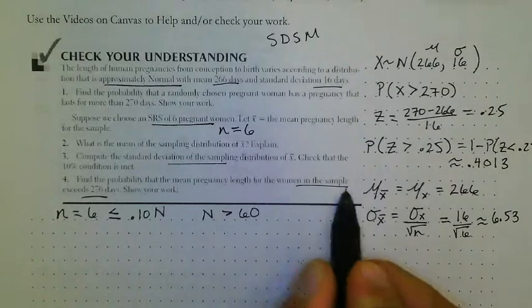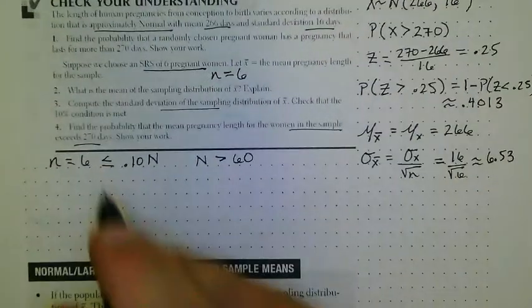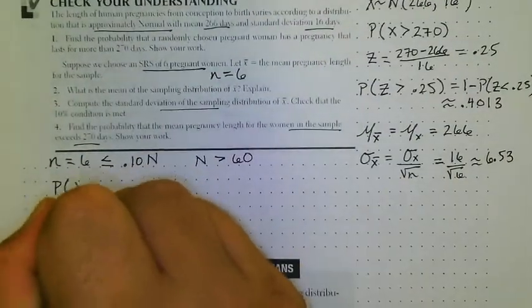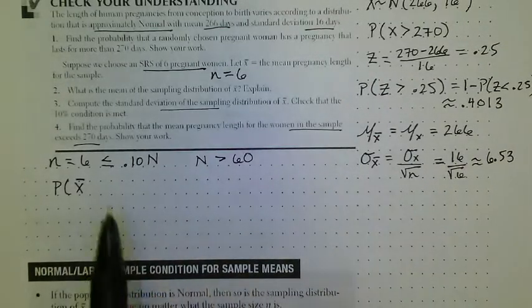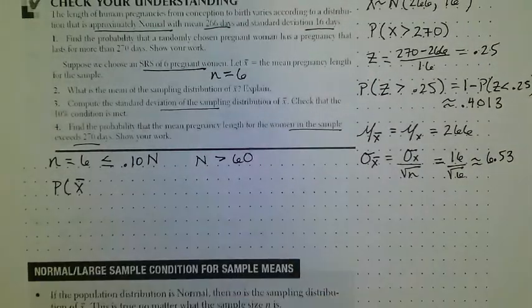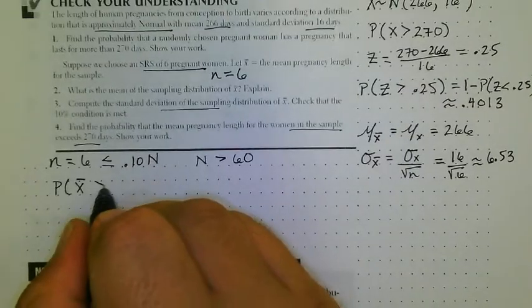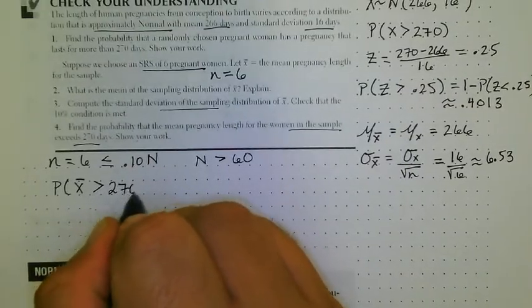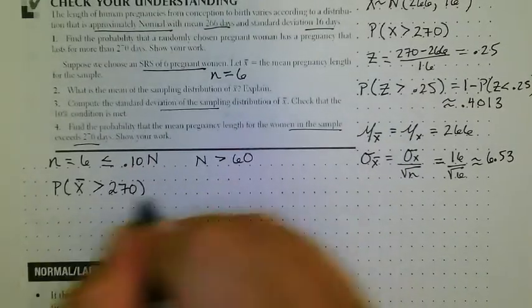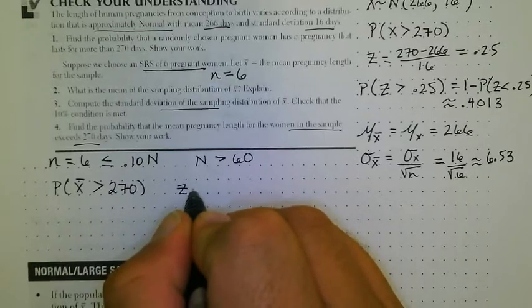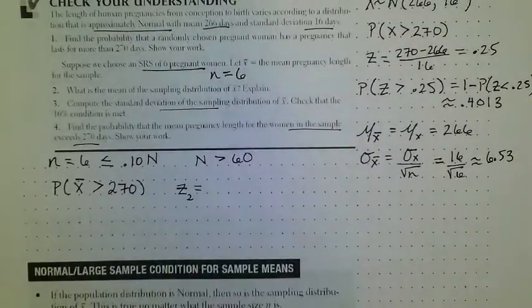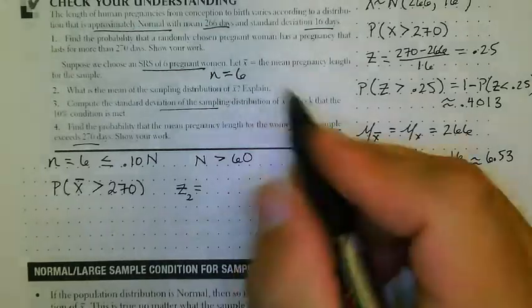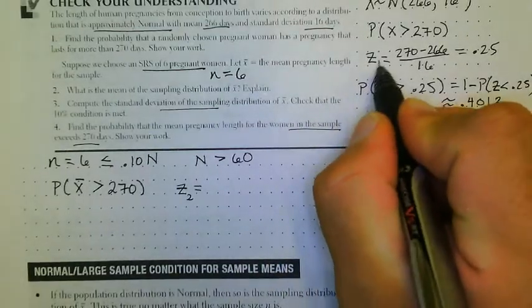So here what we're saying is the probability that x bar is greater than 270. So we need to find the z-score for that one, and I'll call that z2 since it's another z-score. We'll label the earlier one z1.